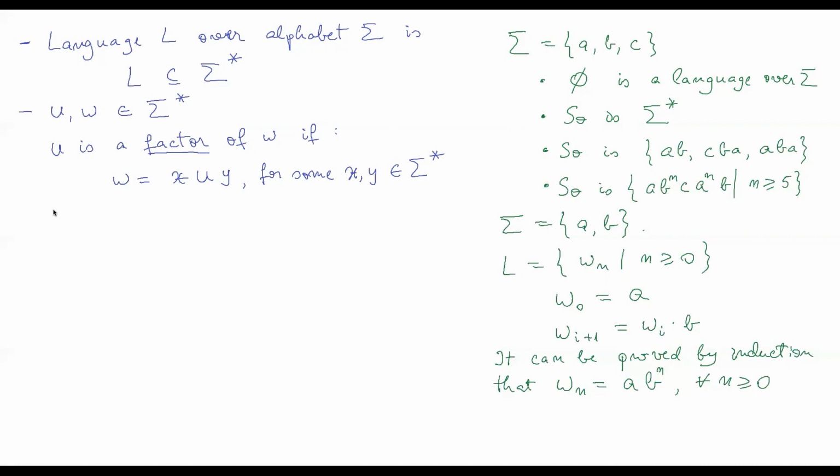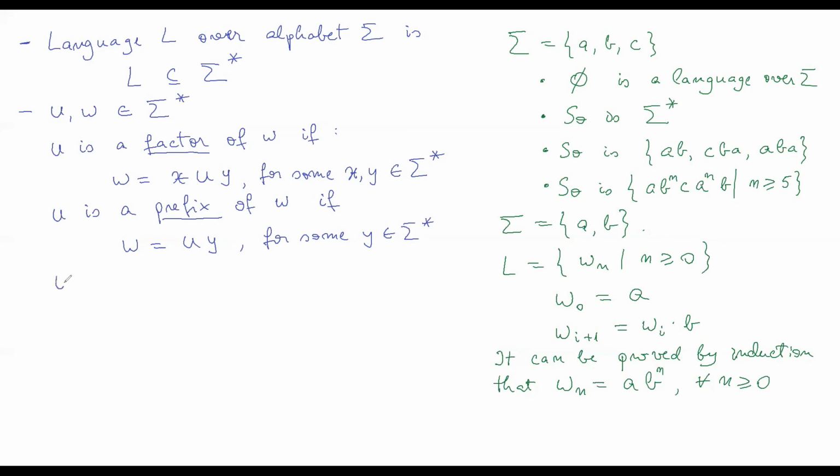And we also say that u is a prefix of w if w is of the form u, y for some y in sigma star. So in other words, it's a prefix if u is right here in the beginning of w.